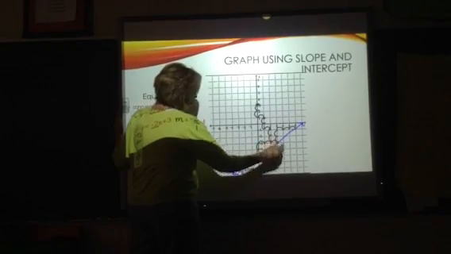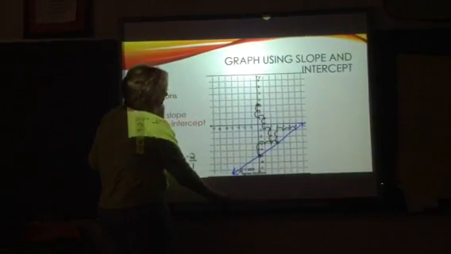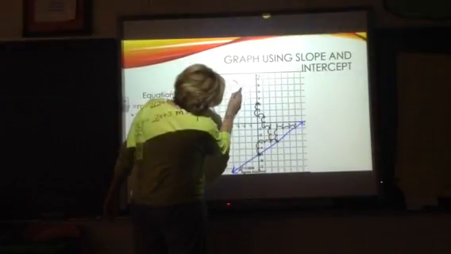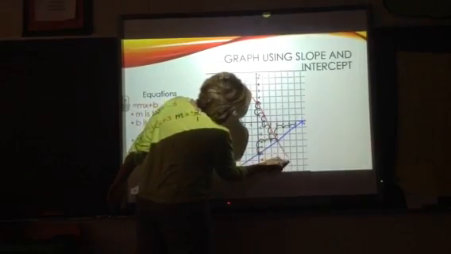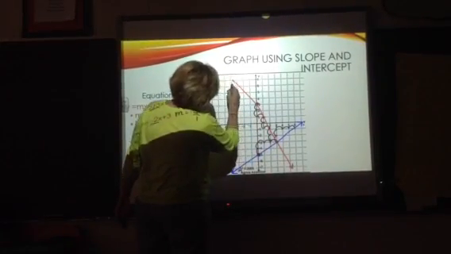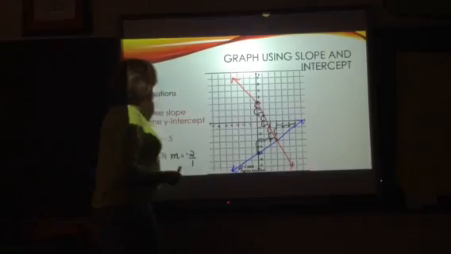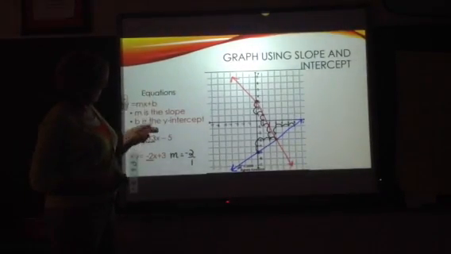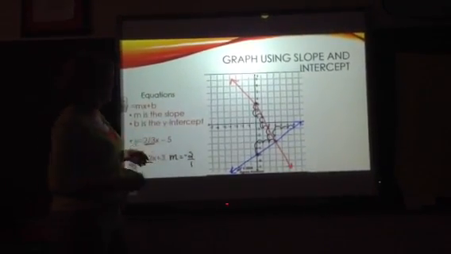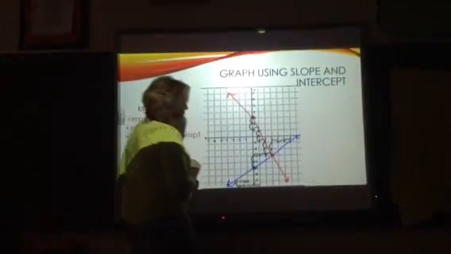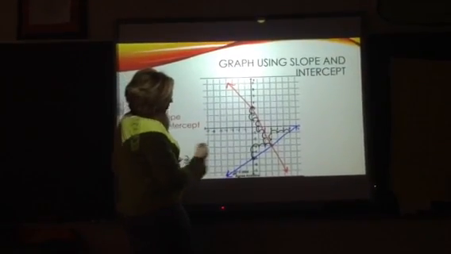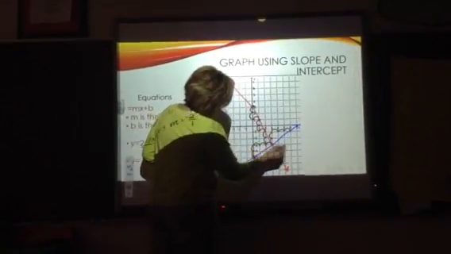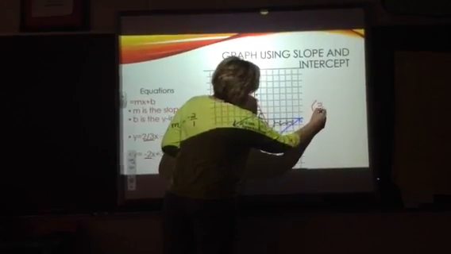And I'm going to graph this one in red, just so you can see it. And so the solution to this system, because it's two equations, the place where these two lines intersect, is at the point 3, -3.